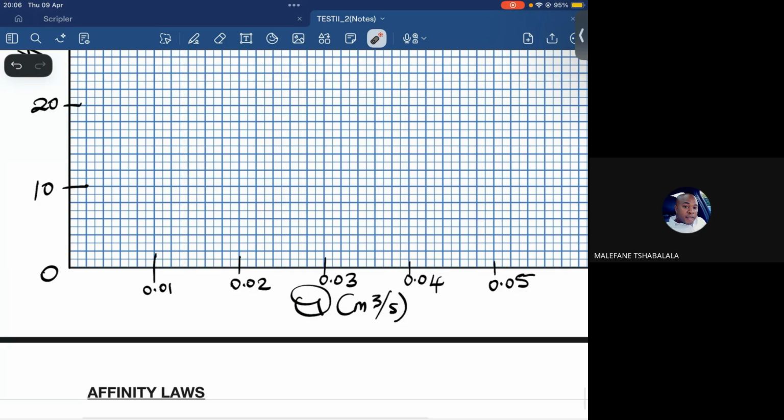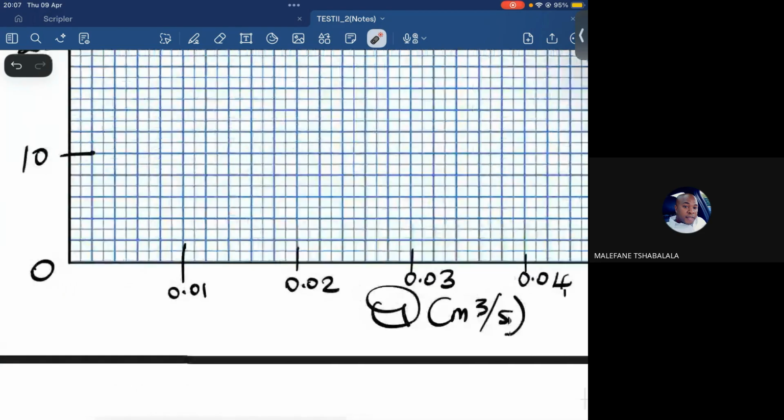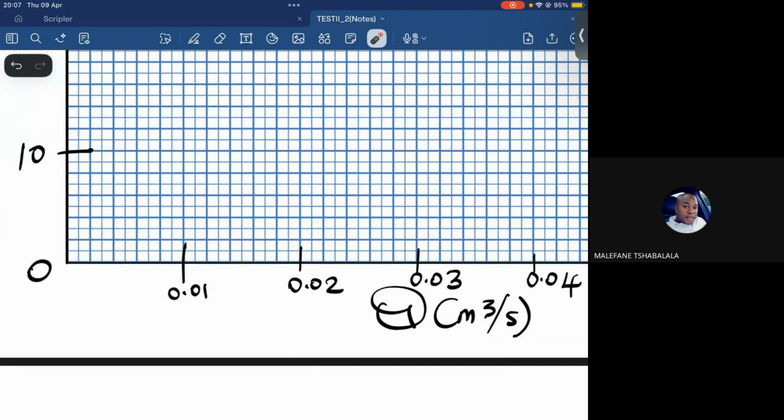Since between 0 and 0.01 we've got 5 minor vertical grid lines, we'll have 0 here, then 0.002, 0.004, 0.006, 0.008, then 0.01.